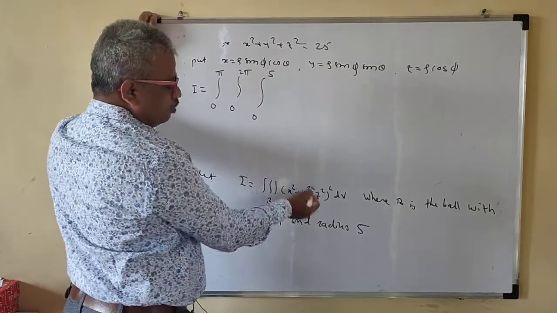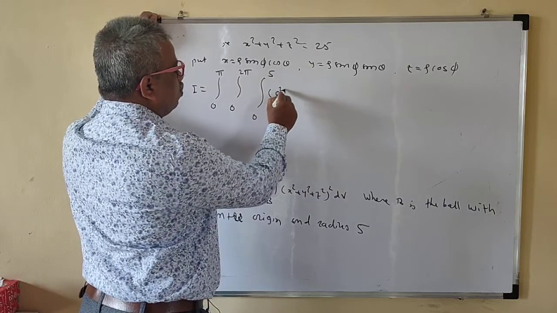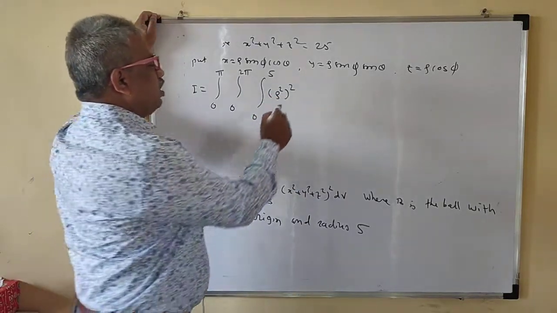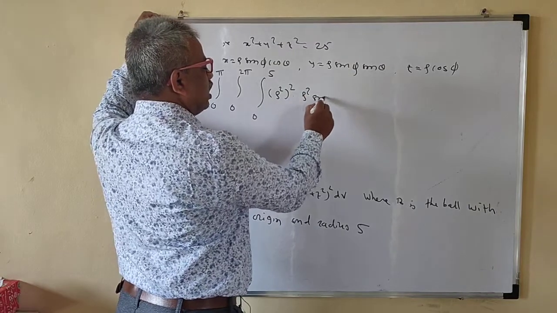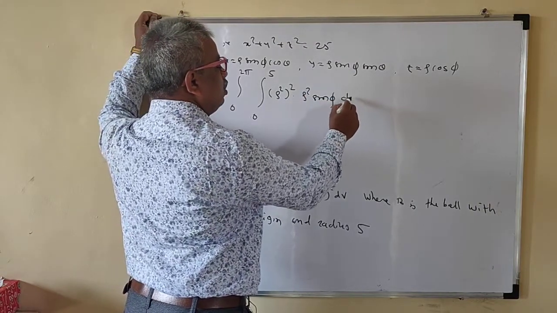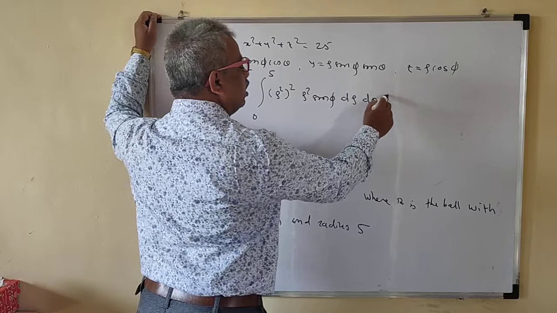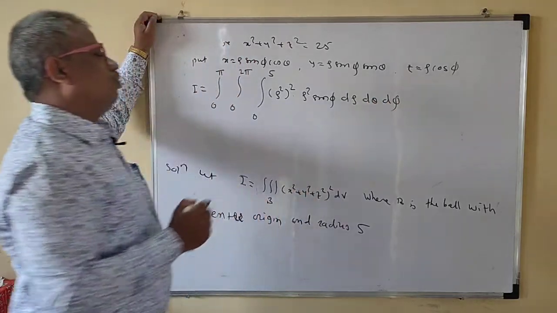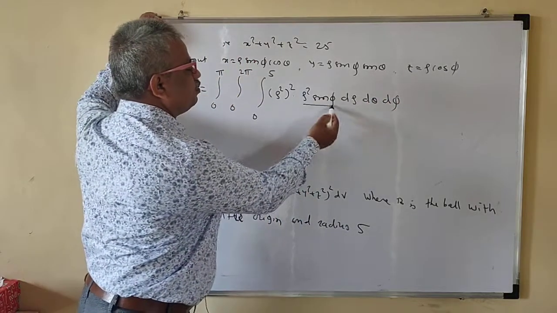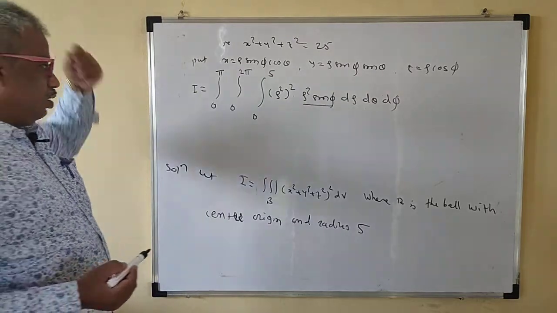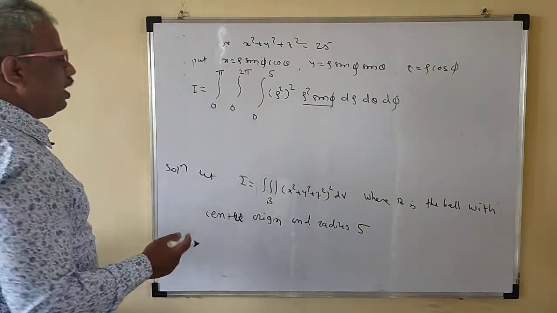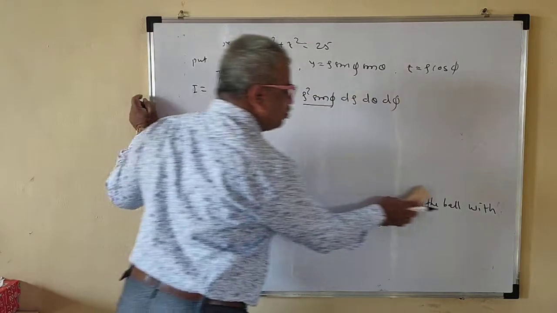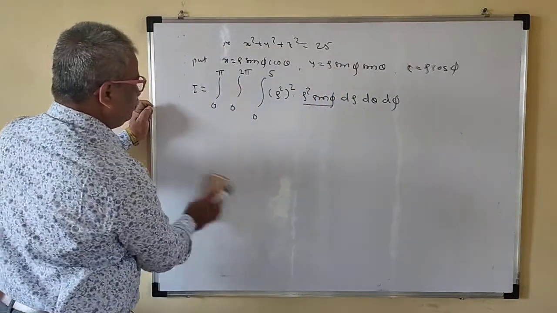Okay. Now x square plus y square plus z square is nothing but rho square. And your dV is what? Rho square sin phi d rho d theta d phi. Okay. So this is very important. Now see, your integral becomes very easy if you apply this.